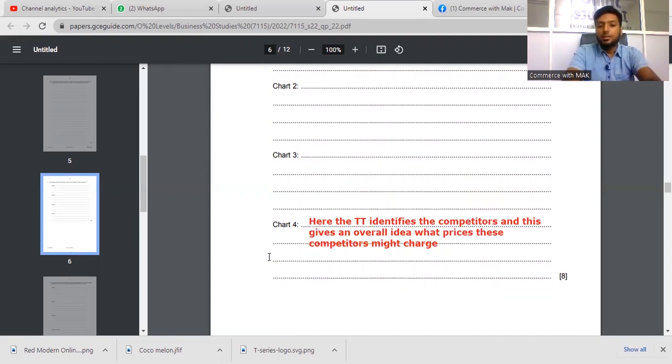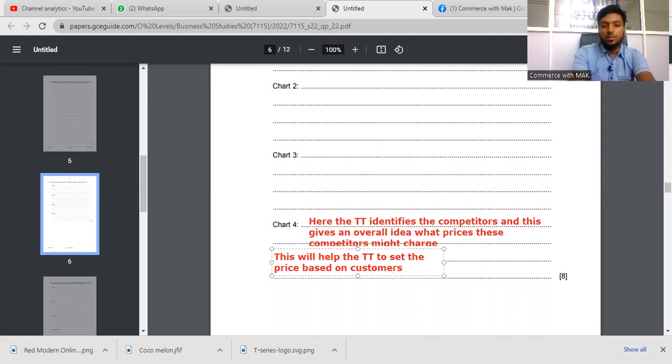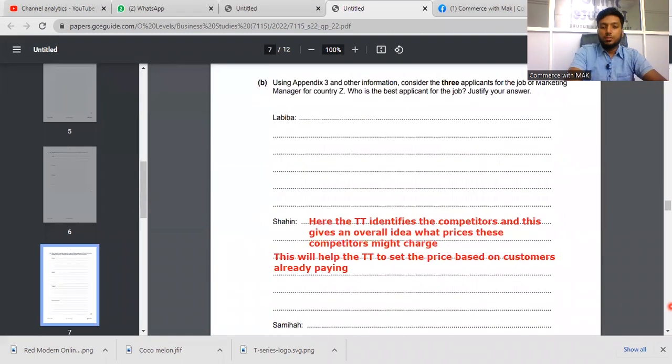So I can also write here, this will help the TT to set the price based on what customers already pay. So they can easily identify the amount the customers are paying. So that will help the company to charge like the competitor. Now let's move on to the next part of the question.